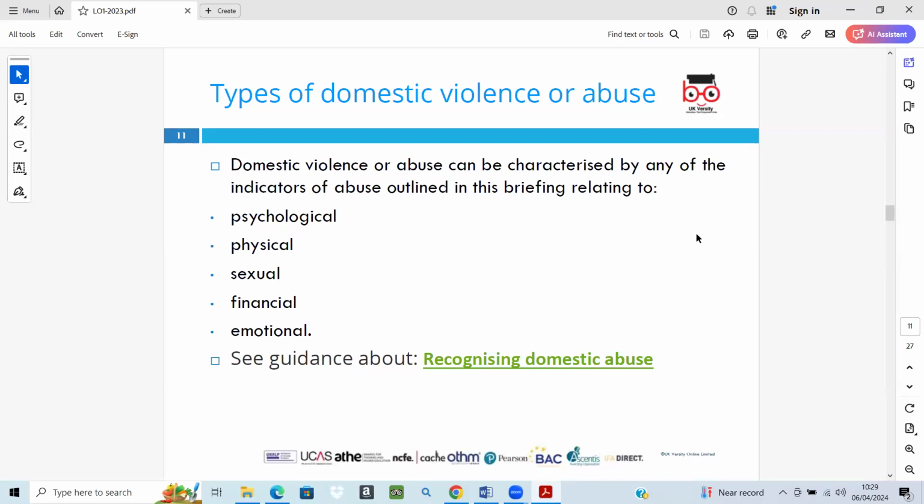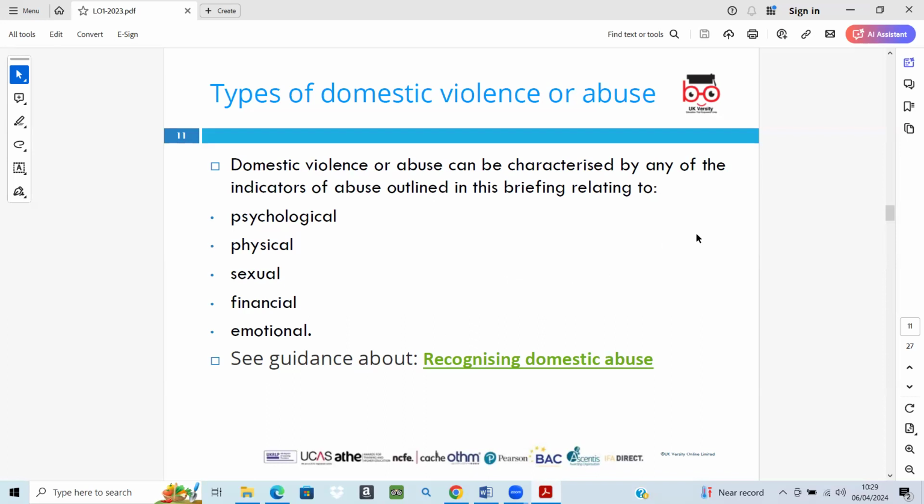But before that, I would like to explain what domestic violence or abuse is. Domestic violence or abuse is a pattern of behavior in a relationship that is used to gain or maintain power and control over an intimate partner or family member.